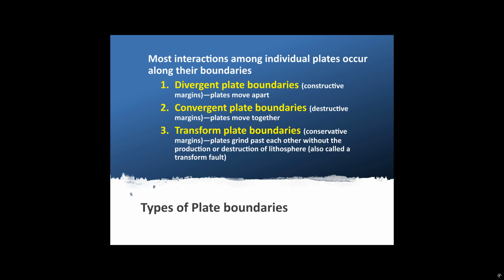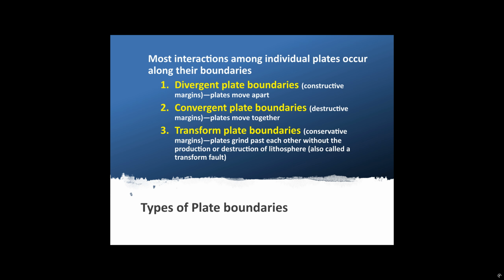We have three main boundary types: divergent plate boundaries, which are constructive margins where new seafloor is formed, and these are plates that move apart from one another in opposite directions. Convergent plate boundaries are destructive margins. These are where the plates move together and they destroy crust.